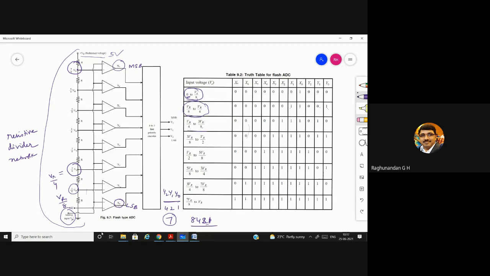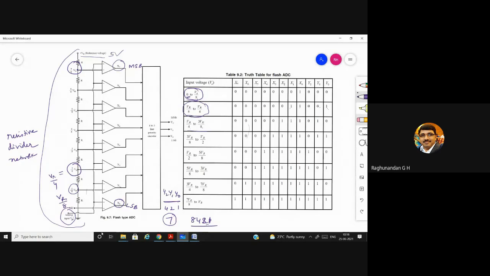To the non-inverting terminal, we are giving the analog signal. To the inverting terminal, we are giving the resistive divider network. When the non-inverting terminal dominates the reference voltage, during that time output goes to high. So that's why during that time it is made high. So when x2, x1, x0 are 1, 1, 1, then y1 will be 1.